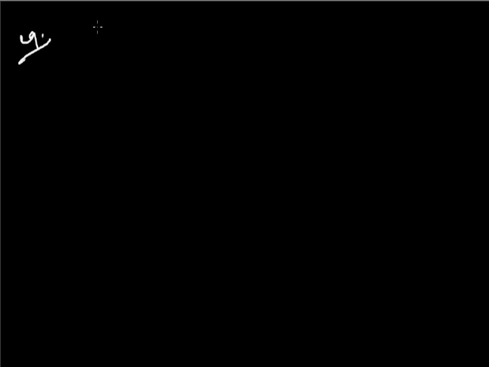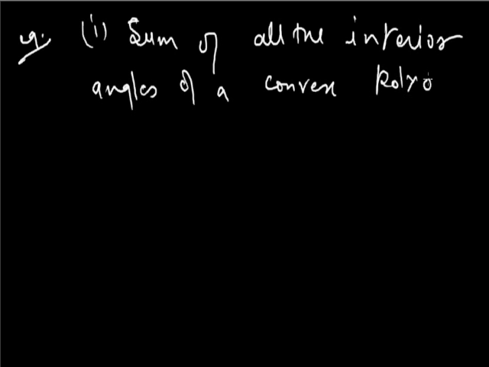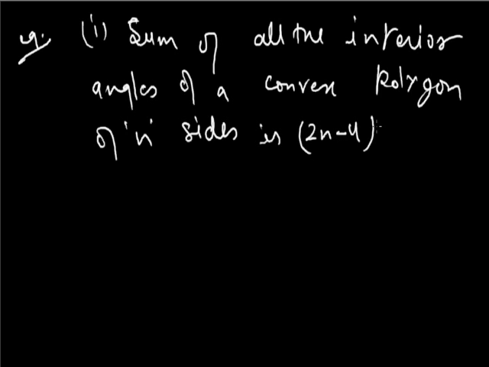The first point: the sum of all the interior angles of a convex polygon of n sides, where n is the number of sides, is 2n minus 4 multiplied by 90 degrees.